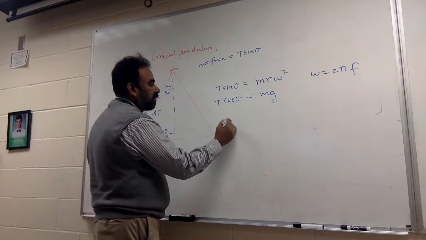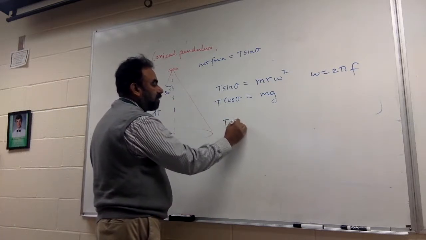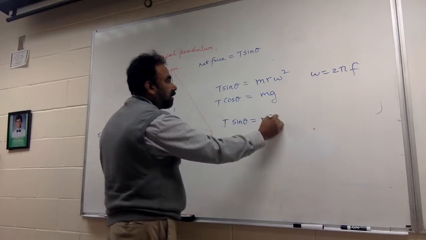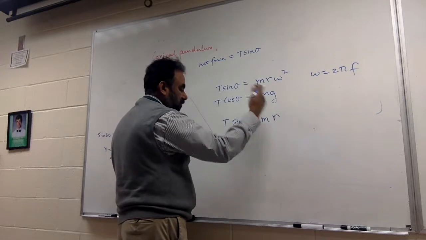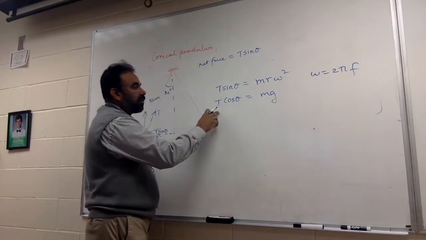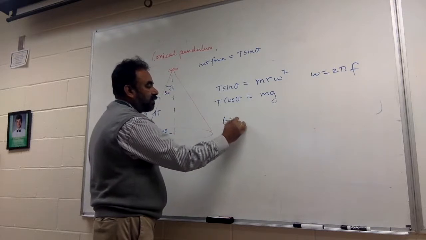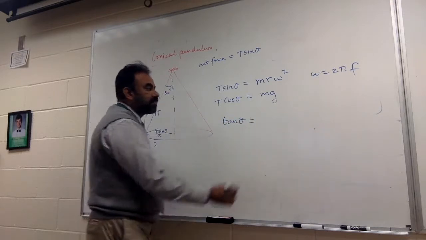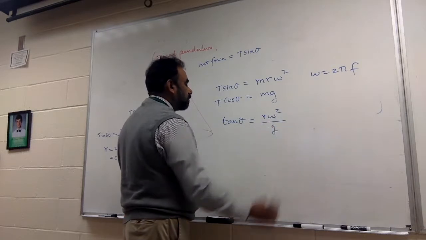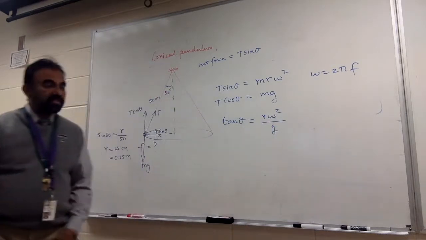So let's start putting it down. T sine theta is equal to mr omega squared, yeah, we have that. If you divide both these equations, we have tan theta equal to r omega squared over g. You have everything there.